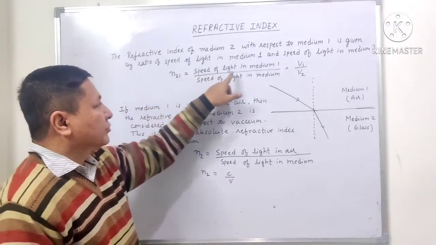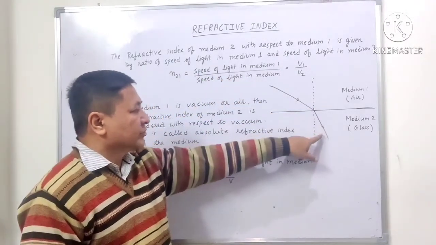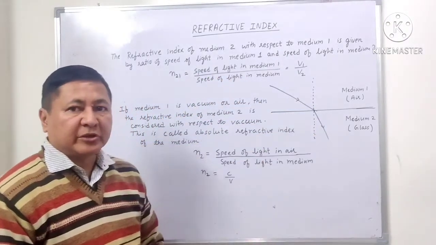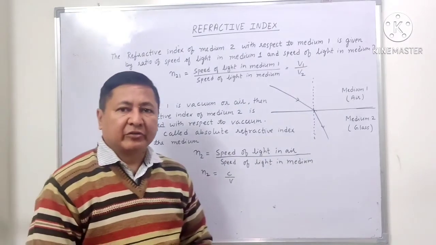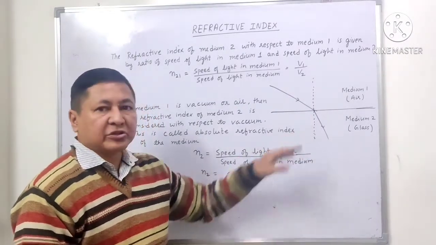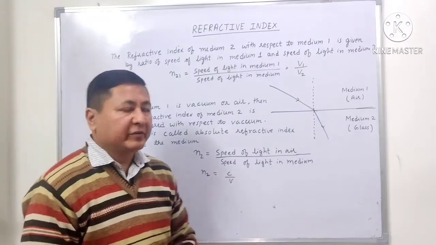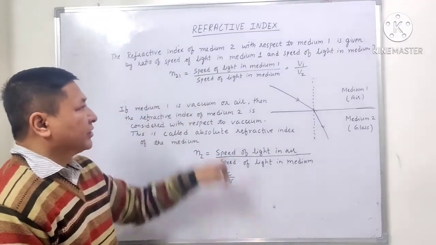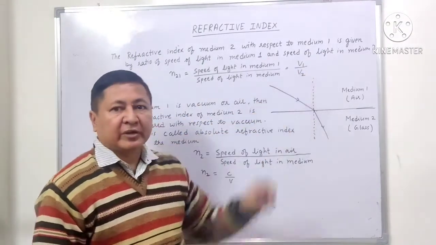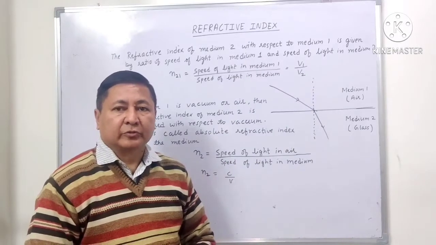So that will be equal to the speed of light in medium 1 to the speed of light in medium 2. If the speed of light in medium 1 is denoted by v1 and the speed of light in medium 2 is denoted by v2, then the refractive index of the second medium with respect to the first will be equal to v1 upon v2.